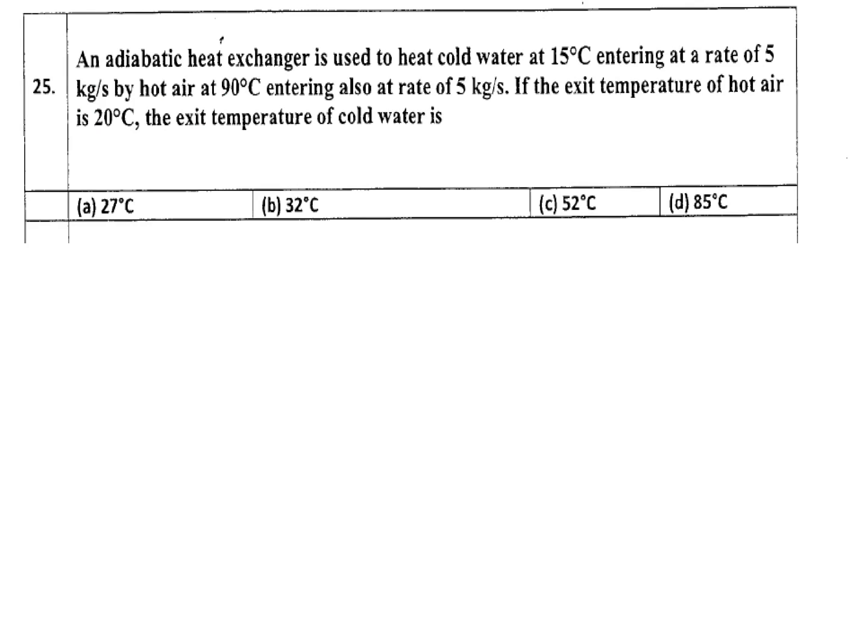An adiabatic heat exchanger is used to heat cold water at 15 degrees Celsius entering at a rate of 5 kg per second, hot air at 90 degrees Celsius entering also at a rate of 5 kg per second. If the exit temperature of hot air is 20 degrees Celsius, the exit temperature of cold water is how much? This one was already asked in the 2012 question.